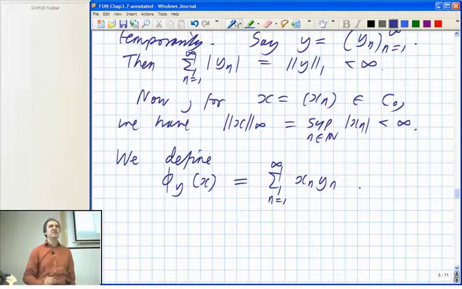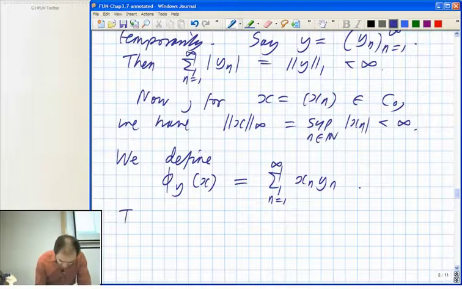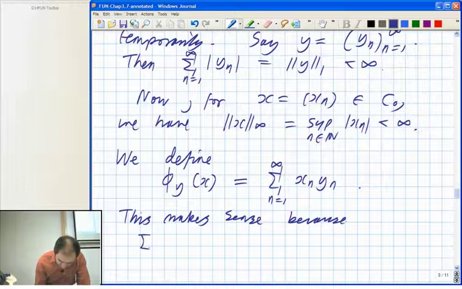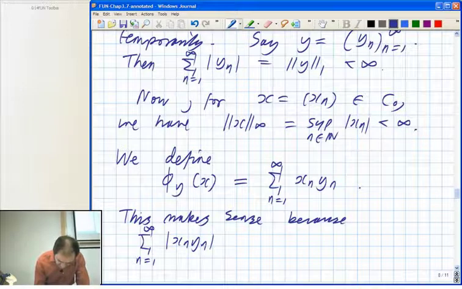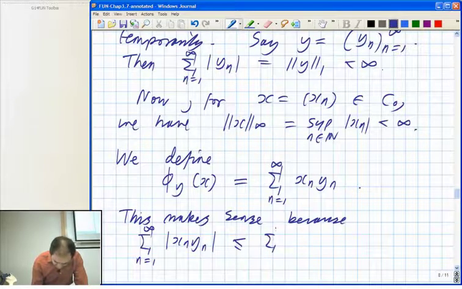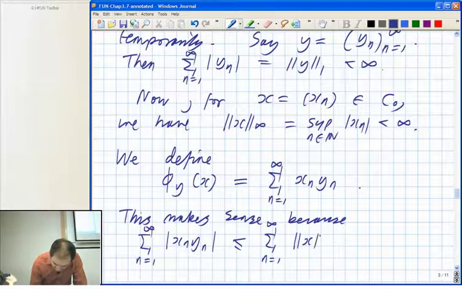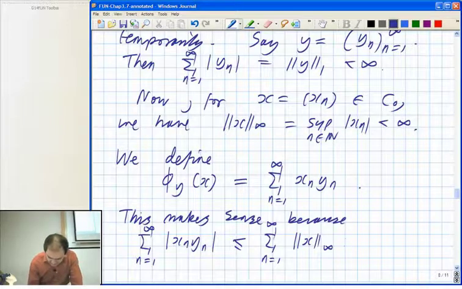To see this makes sense, we just check absolute convergence. This makes sense because the sum from n equals 1 to infinity of modulus of xn yn is smaller or equal to the sum from n equals 1 to infinity of, you can just replace xn with norm x infinity, mod yn.